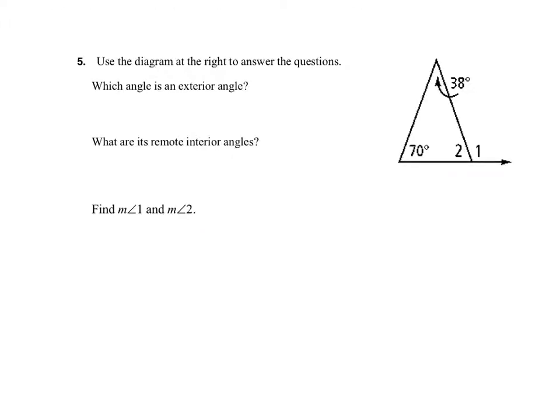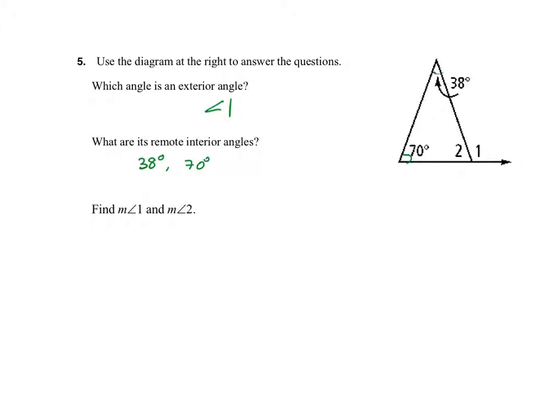Okay, now it says to use the diagram at the right to answer the questions. Which angle is an exterior angle? In this case, angle 1 is an exterior angle. As you can see, it's the extension of this bottom part and it's formed with this side right there. What are its remote angles? The remote angles are the one that measures 38 degrees and the one that measures 70 degrees.